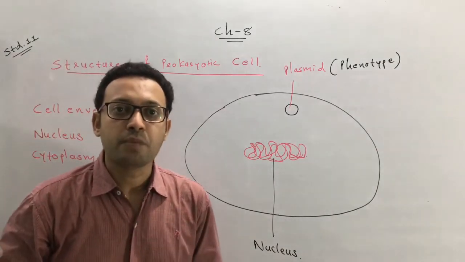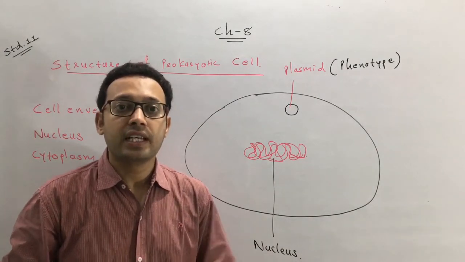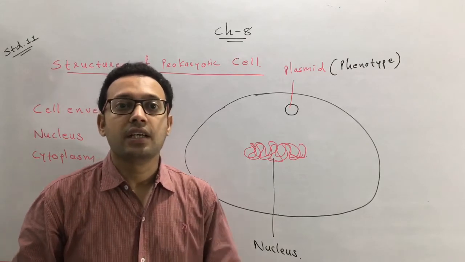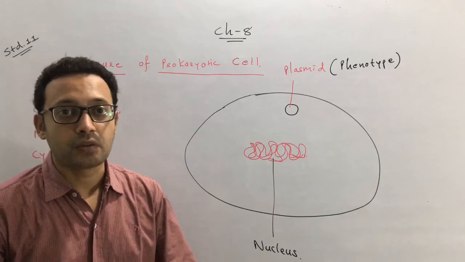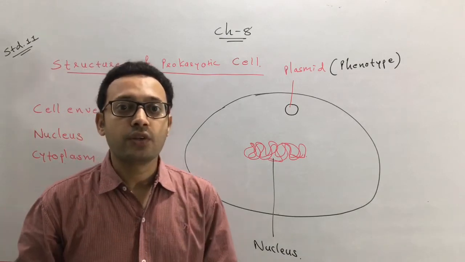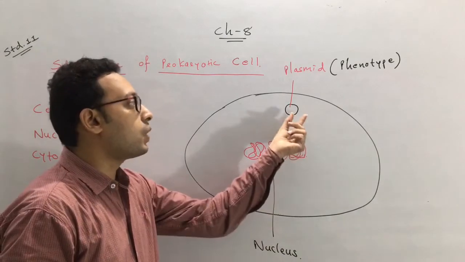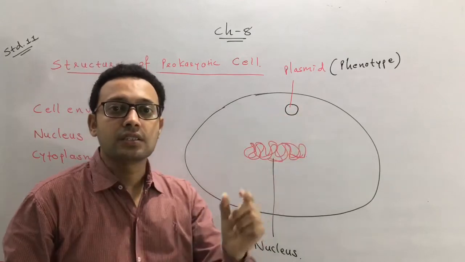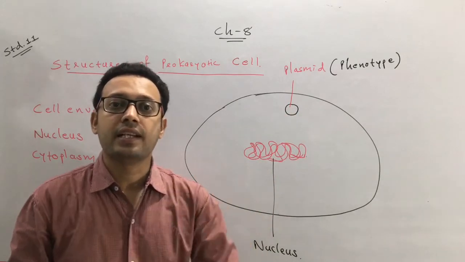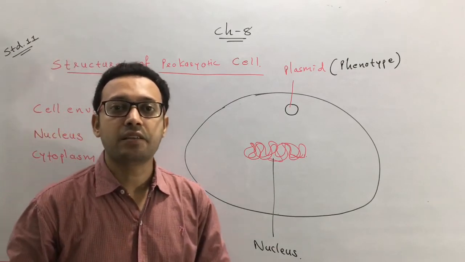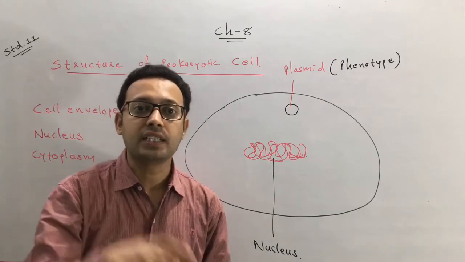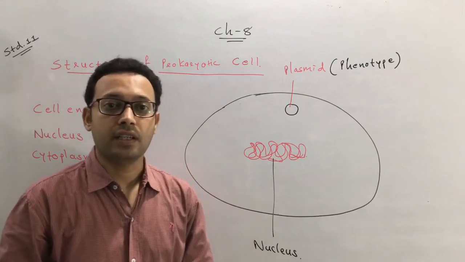One of the most important phenotypic characteristics it can give to a bacteria is resistance against antibiotics. I repeat, one of the most important phenotypic characters acquired through a plasmid is resistance against antibiotics. It means that if a bacterium acquires resistance against antibiotics, the antibiotic doesn't kill such a bacterium.